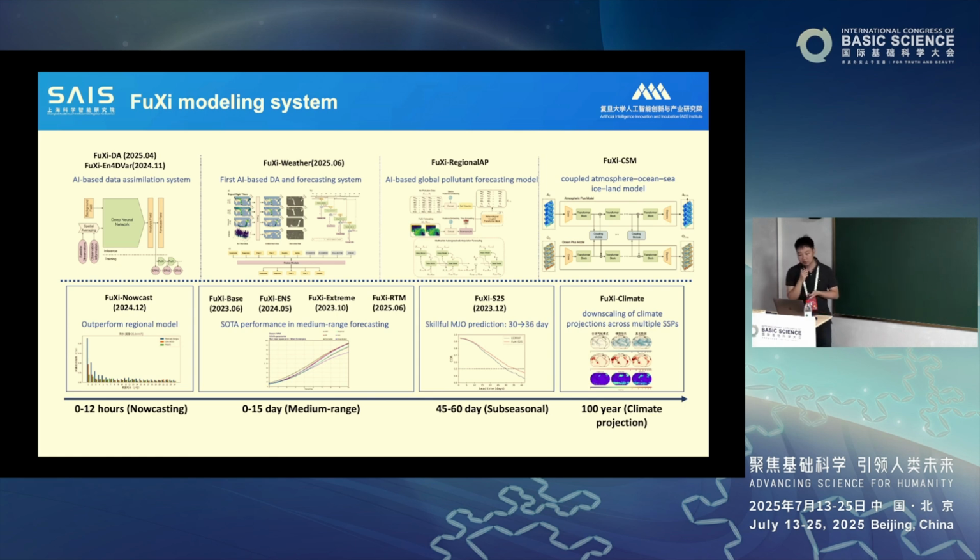We have FuXi subseasonal-to-seasonal forecasting, and one of the CMA's AI-based systems called FengShun has been run operationally in the CMA National Climate Center. And we want to do climate projections, to see how to give more accurate climate projections under different carbon emission scenarios and pathways.